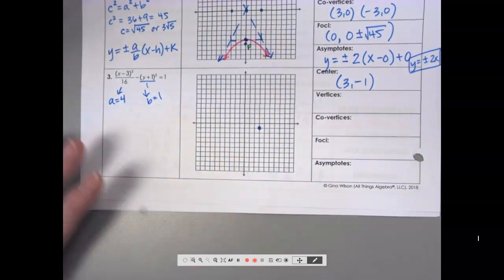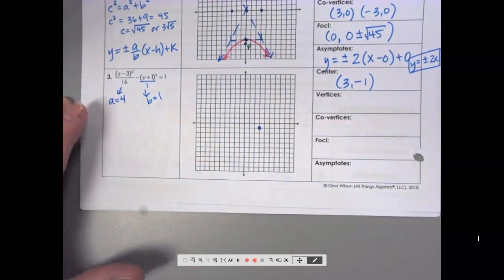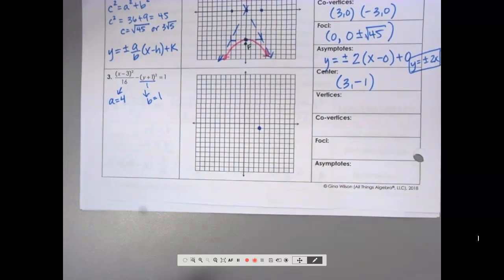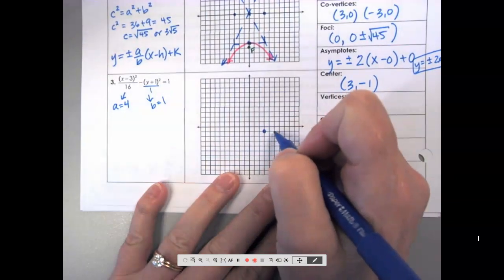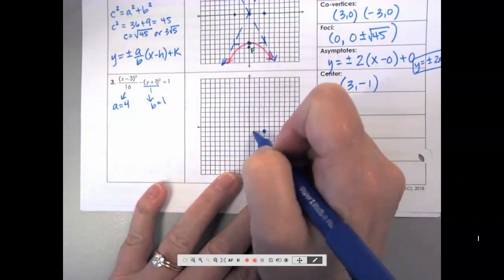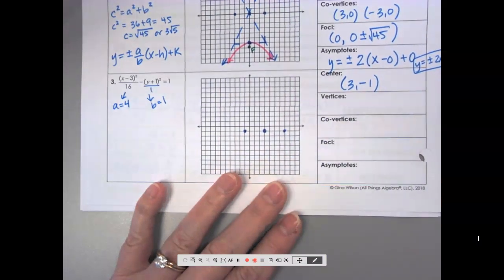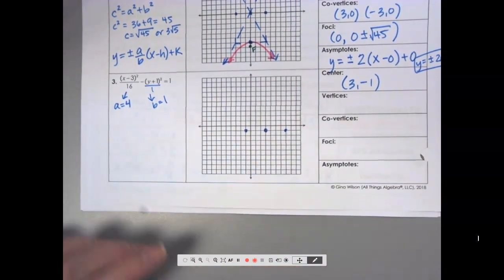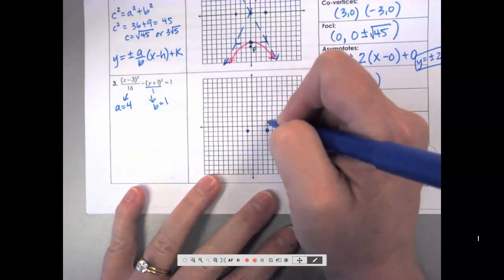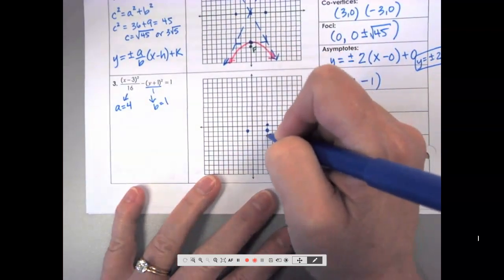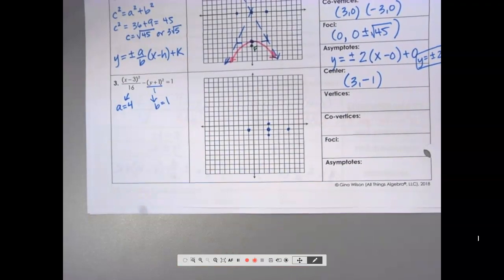Will I go up, down, or left, right, 4? Left, right, because that's under the x. X-axis goes left and right. By default, I'm going to go up and down 1, but it's because it's under the y term and y-axis is up and down. Ooh, that's a little skinny box there, isn't it?